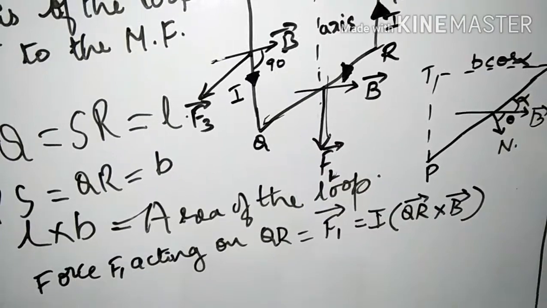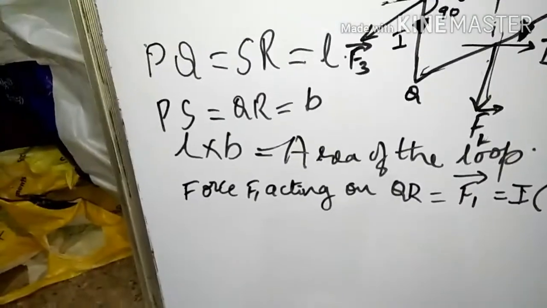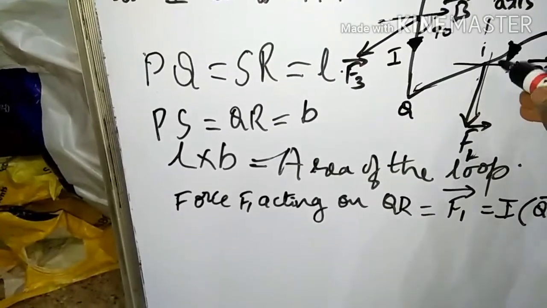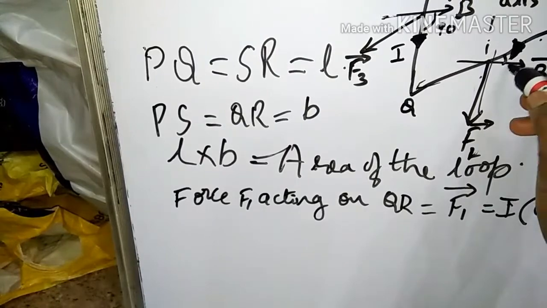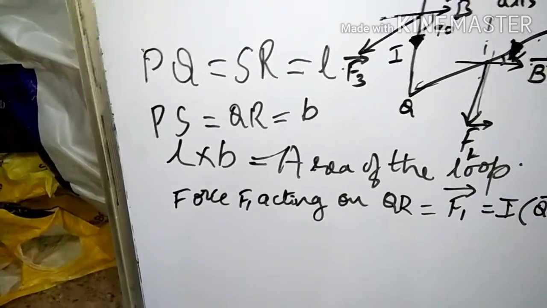This we take as F1, and the angle between the conductor and the magnetic field we will take as alpha here.